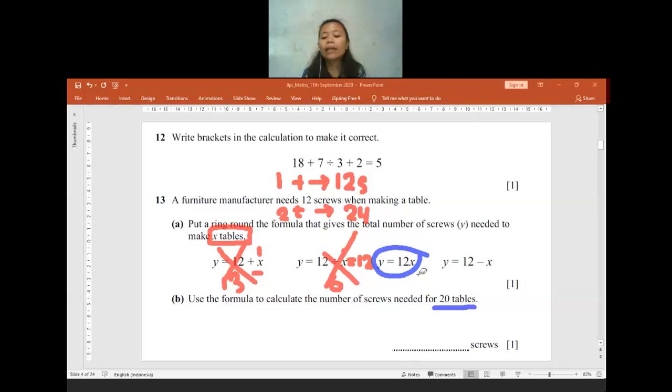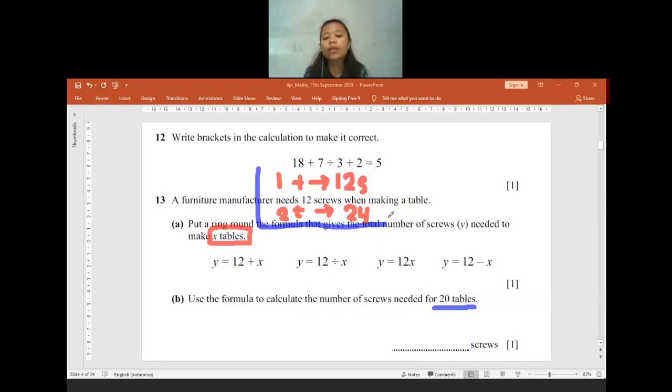Before I choose which equation is correct, is there anyone who has difficulties, disagrees, or is confused when I say that one table needs 12 screws, and two tables need 24 screws?